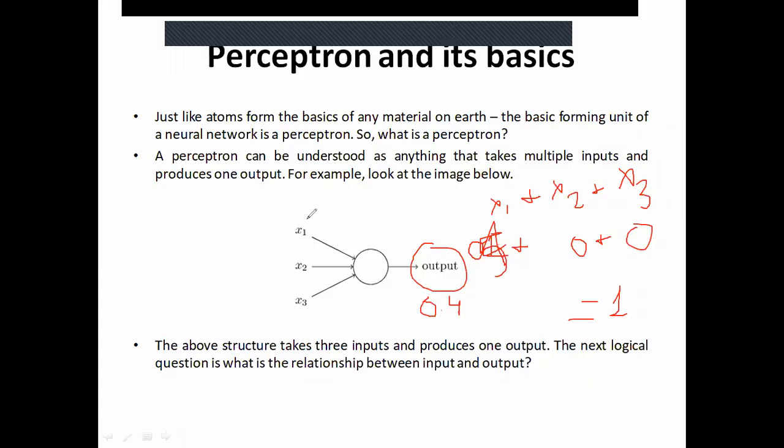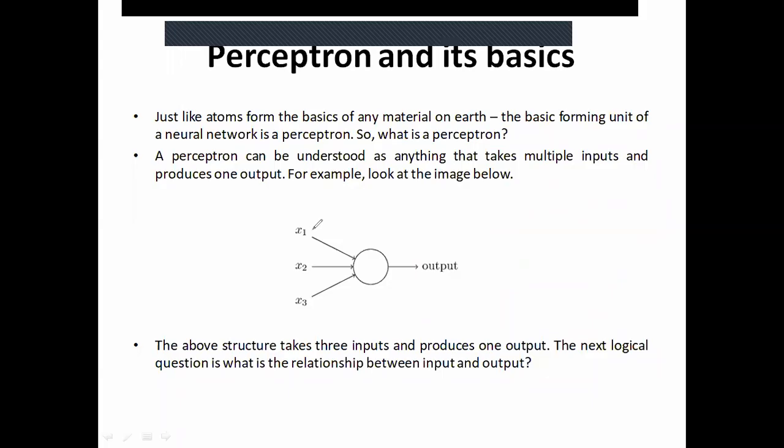Okay, so depending upon the function that I have to take in order to calculate the output, which function we have to use, I will cover later on. It can be very simple, or you can add the weights: x1 w1, x2 w2, x3 w3.